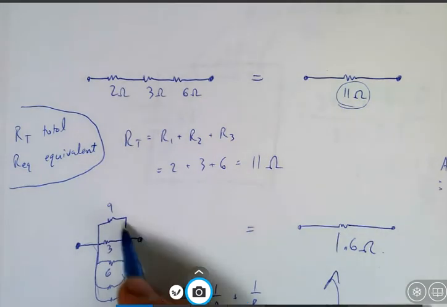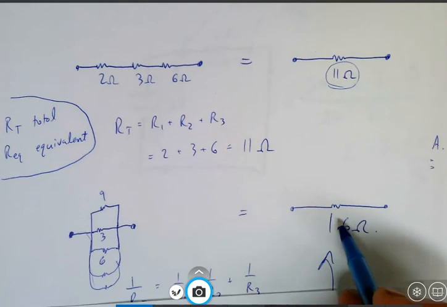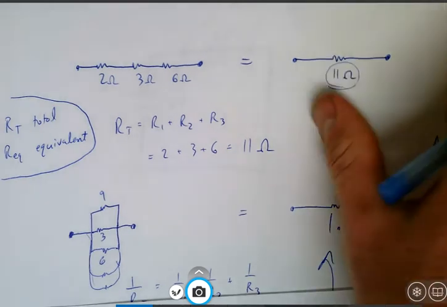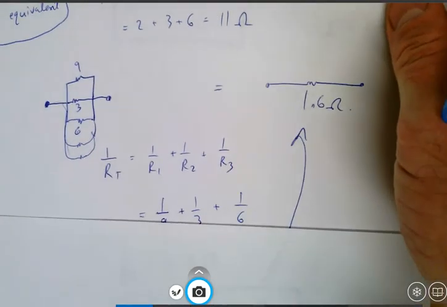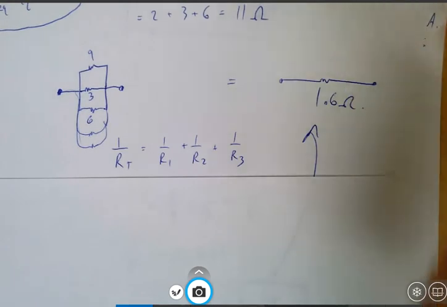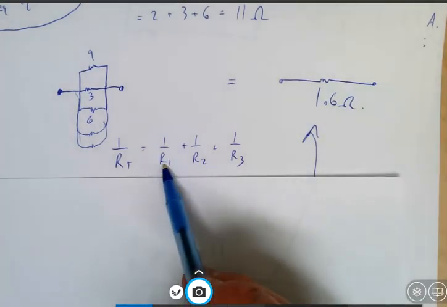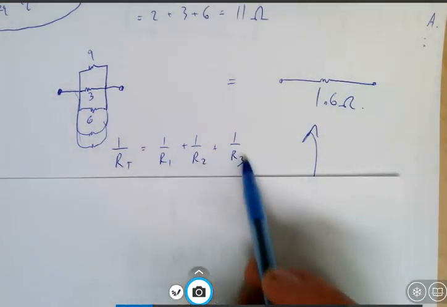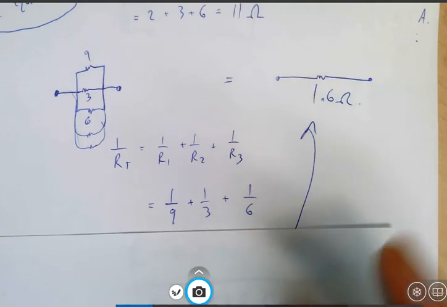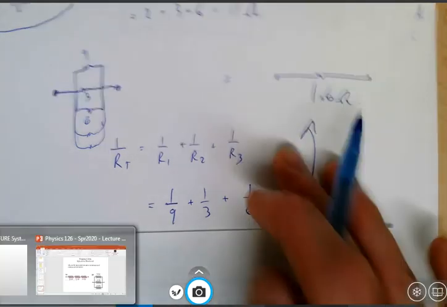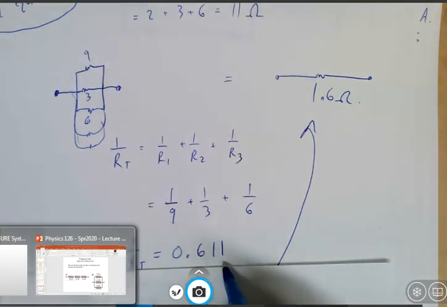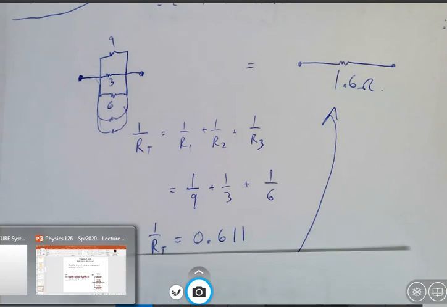When we have the 9, the 3, and the 6, they don't add quite so simply, but they can still be reduced to a single resistor. I got a resistance of 1.6 ohms. The way I got that was by adding 1 over R1 plus 1 over R2 plus 1 over R3. And then you might think, okay, I've added them all up and I got 0.611, and it's tempting at that point to say that's my answer.